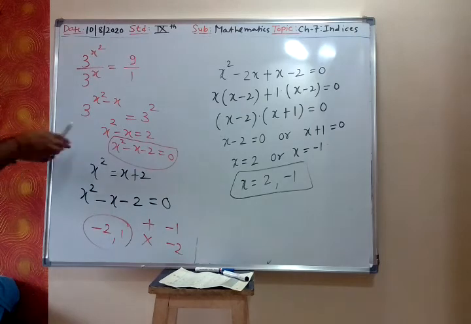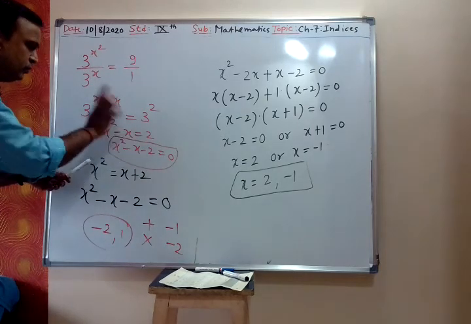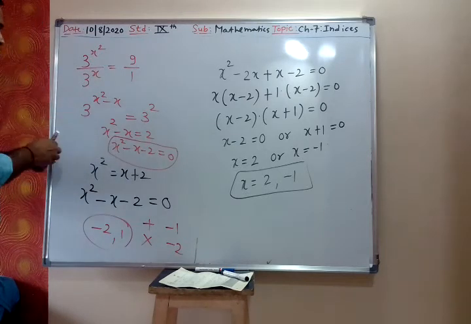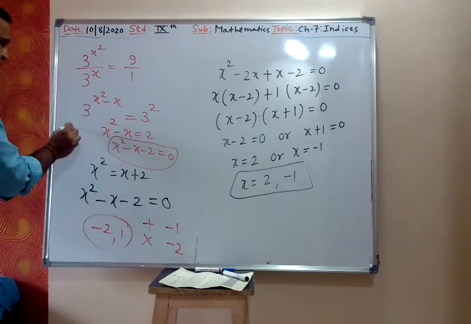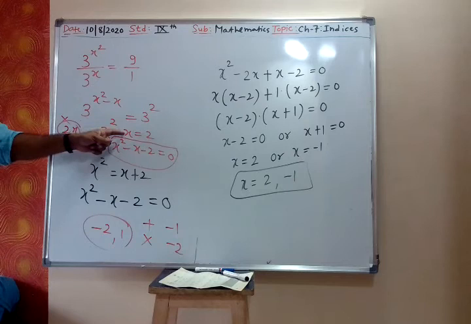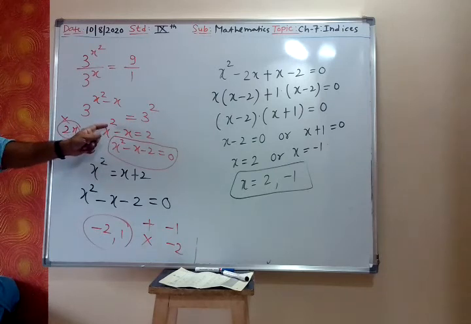See, x square minus x is equal to 2. Remember, x square is not the same as 2x. We cannot subtract x square and x, because this is a second degree polynomial and this is a first degree polynomial. We can subtract polynomials of the same degree.